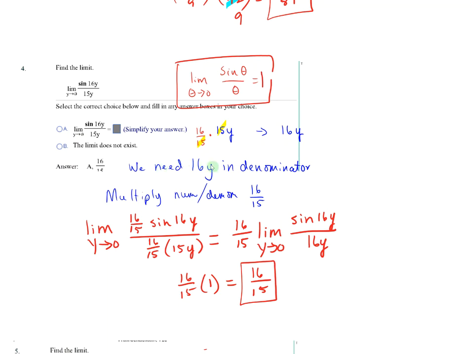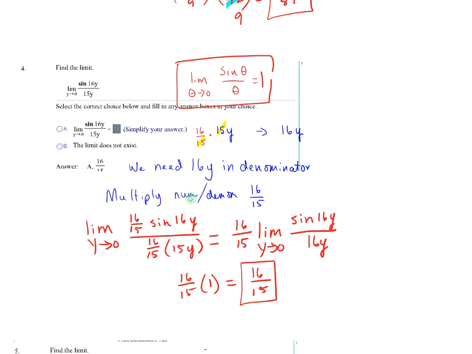So we need 16y in the denominator here to make it look like the argument here is the same as this value here. So we need to multiply 15y by 16 over 15. Then the 15's cancel out and we get 16. So we know what we need to do to use this rule.